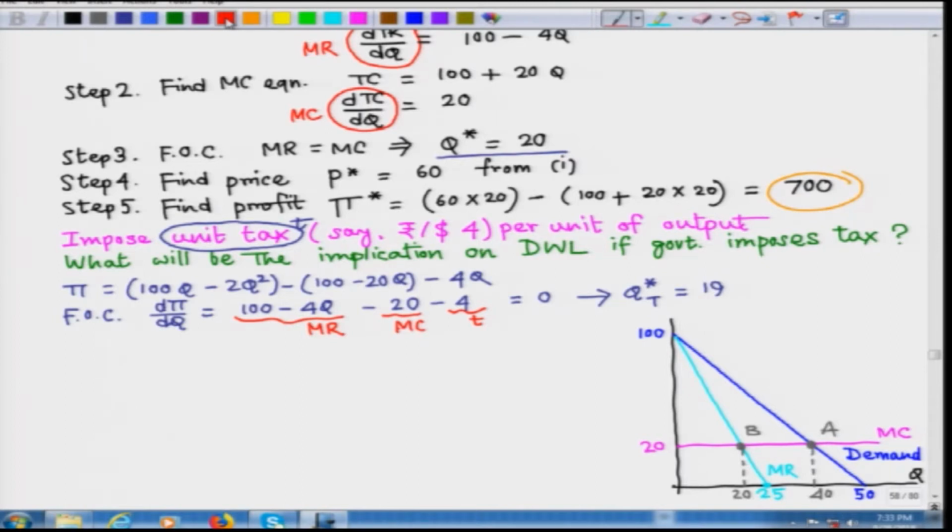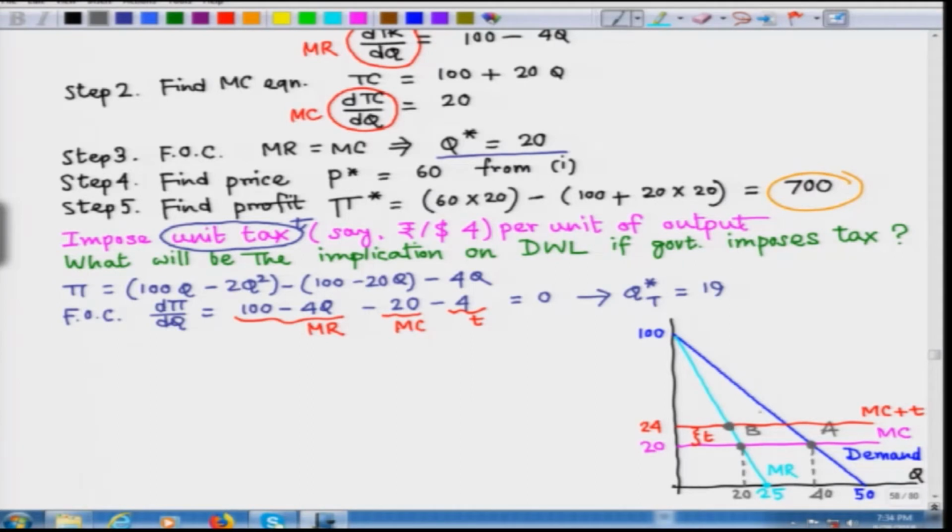So, let me assume that there is a parallel shift of the marginal cost curve, and this gap is basically my tax, and the intercept will be then 24. So, this curve is now MC plus tax.